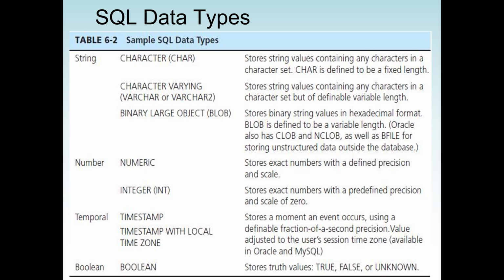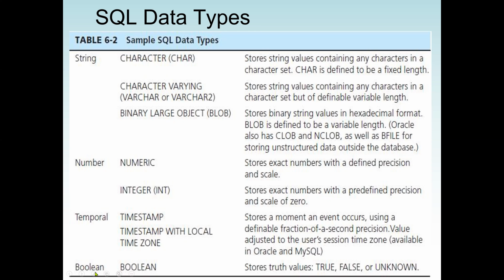The data changes with time, so the horizontal axis will be time. Here we say it stores a moment when an event occurs. Moment again means the time, using a defined fraction of a second position. So the values can be adjusted to the user's session time zone.